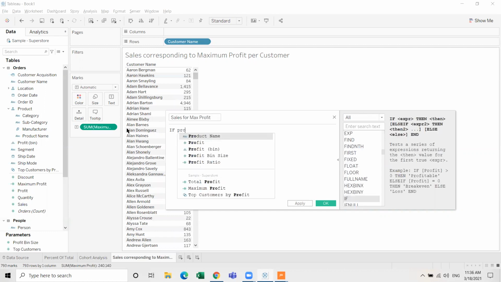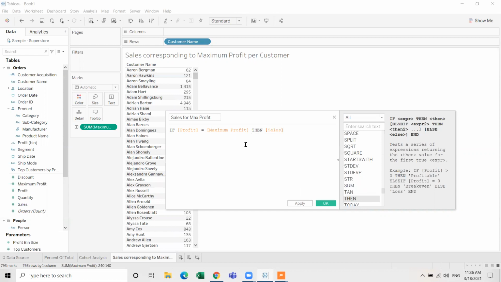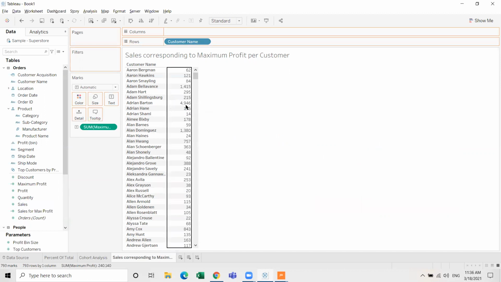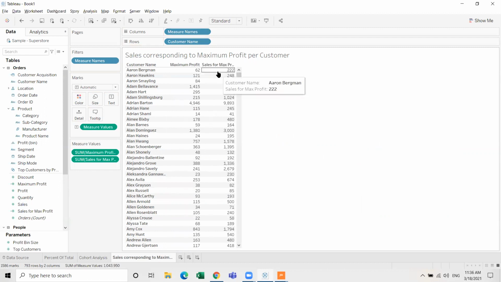So if the profit at that transaction level is equal to the maximum profit, meaning we are trying to identify the record with the maximum profit, with this condition, then only we are interested in taking the sales. Now, when I take this formula into the table, you can see the sales made in that transaction, the sale value of that transaction.